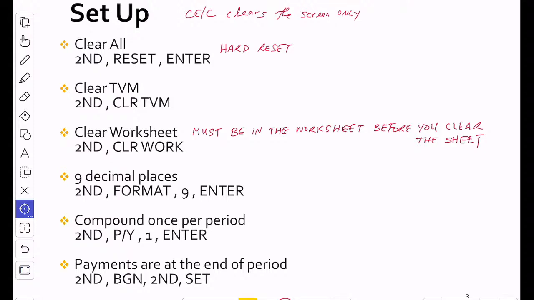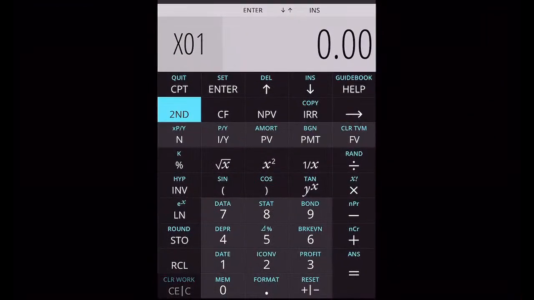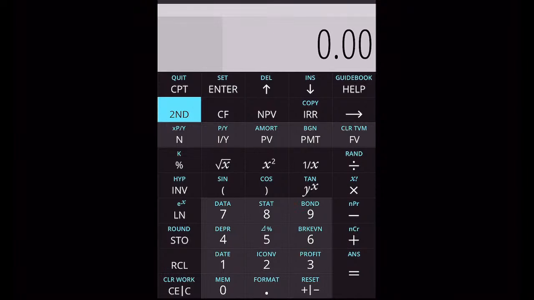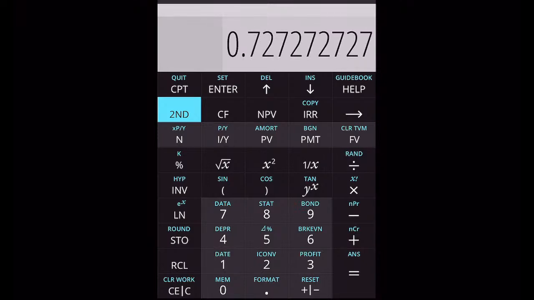So let's do the formatting. So to display 9 decimal places, second format, tell the calculator 9, enter. And if I take a number like 8 divided by 11, I see 9 decimal places. 1, 2, 3, 4, 5, 6, 7, 8, 9.